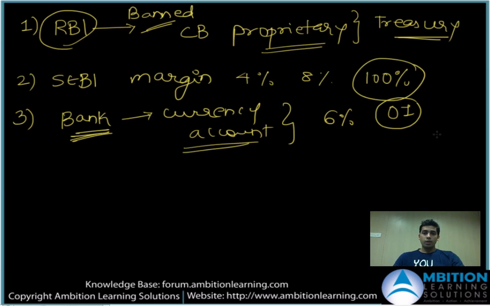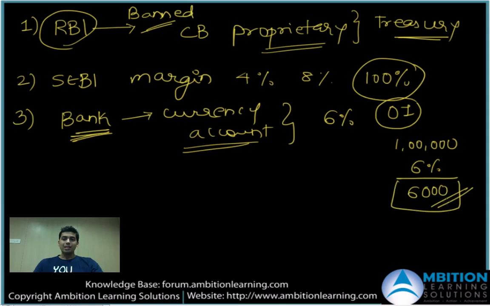Which means say for example the total volume on the currency is 1 lakh, the bank cannot have more than 6%, and the position cannot be more than 6 lakh or 6,000 or 10 million, whichever is less.